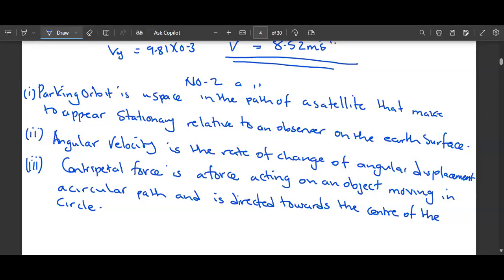So then let us look at the second part, that is part B. Part B, they want us to state Kepler's laws of planetary motion.